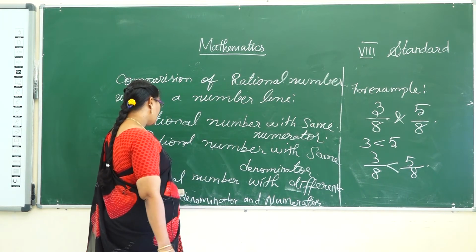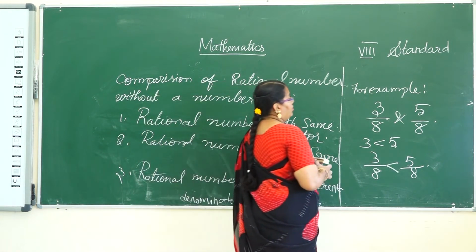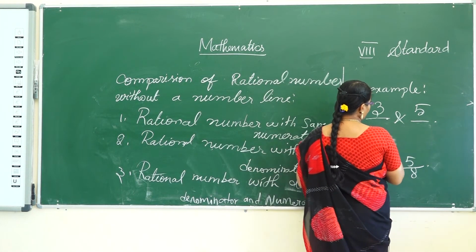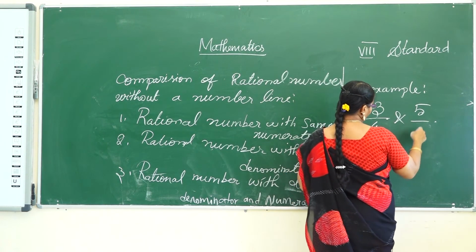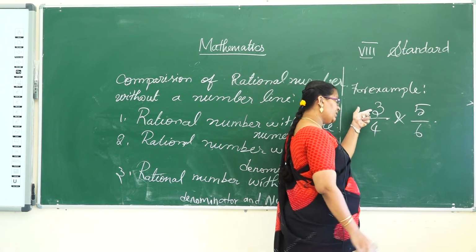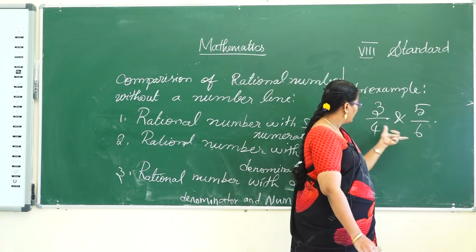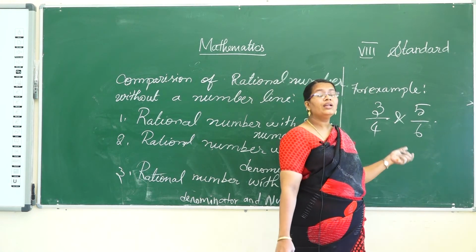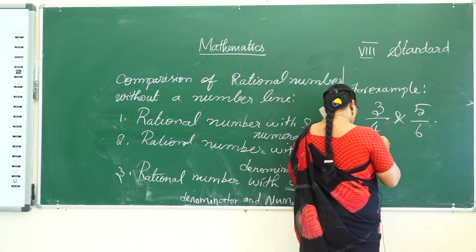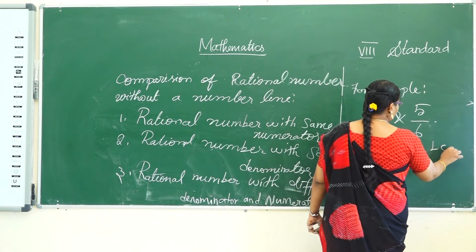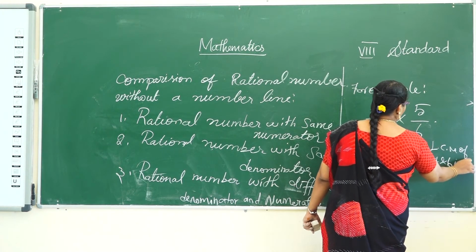And next, rational numbers with different denominators and numerators. Both are different values. See the example, 3 by 4 and 5 by 6. Here the numerators and denominators are both different. What do we do in this case? As usual, we take the LCM. What is the LCM of 4 and 6? It's 24.